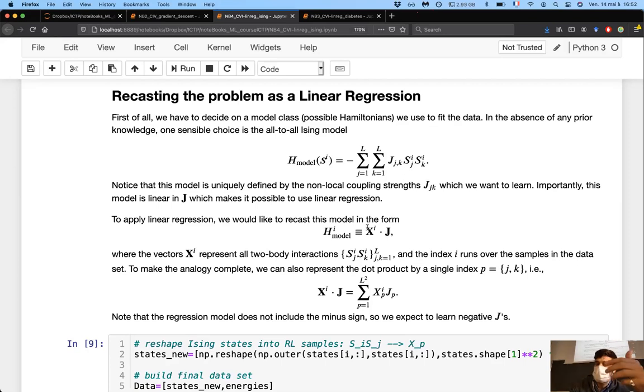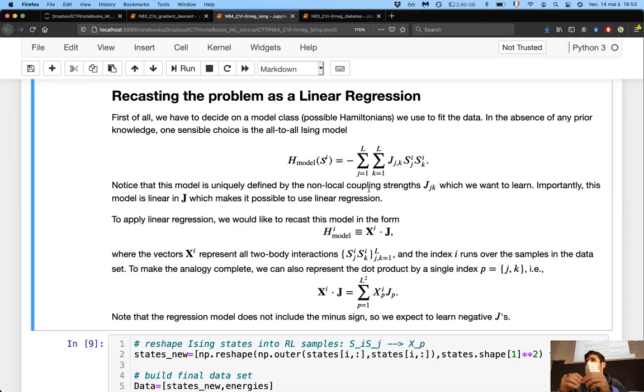So what does it mean? I'm just saying that you can represent this double sum as a single sum over what we call a multi-index, of this form. Now it's a linear problem, and this vector J is also a vectorized form of this big matrix J_jk.